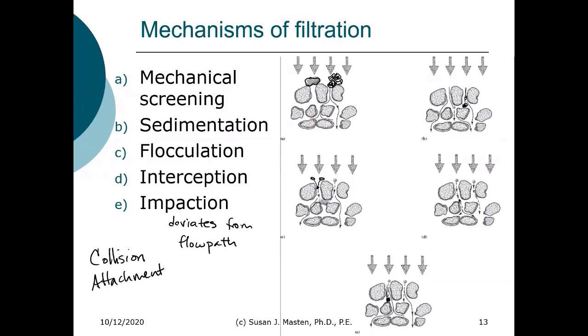So in order to get removal, we need both of those happening. Now, we can also get detachment. In order for the removal to be significant, attachment has to be greater than detachment.